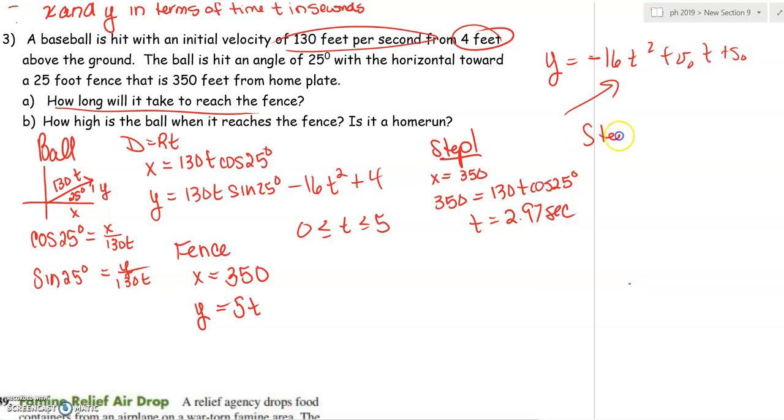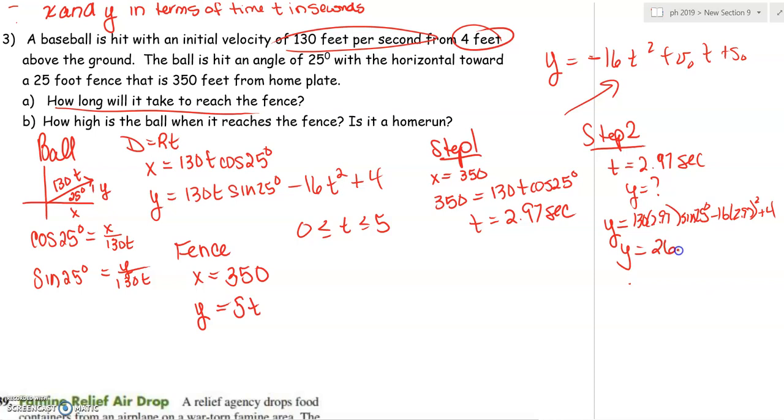Then step 2, I want to know how high it is, so I'm going to let t equal 2.97 seconds and find y. If I type that into my y equation, I get 130 times 2.97 times sine of 25 minus 16 times 2.97 squared plus 4. I end up with 26.013 feet. So yes, it does clear the fence.